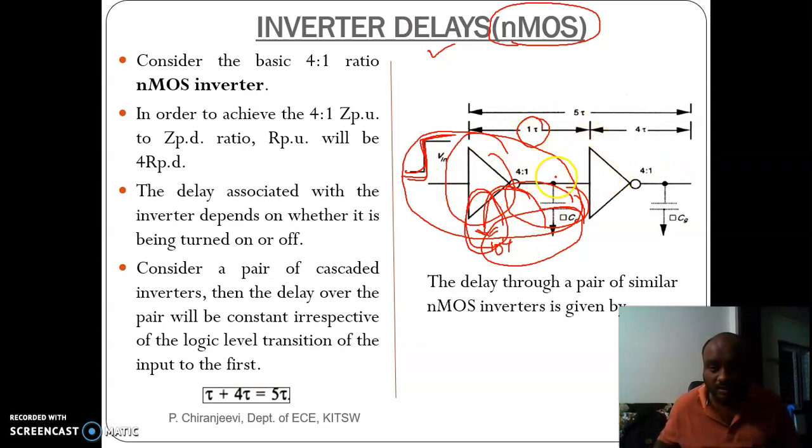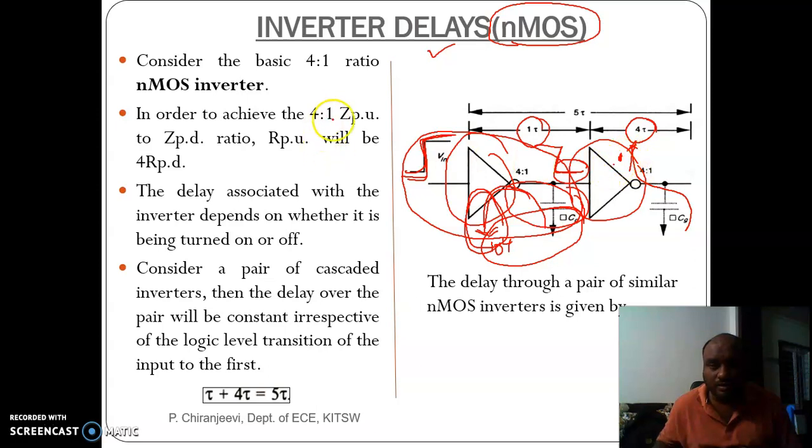The same thing when the output of this NMOS inverter is going from high to low, this is driving the next NMOS inverter. In this case the pull-up device will be on, so the standard unit of capacitance will be charging towards the supply, resulting in a delay of 4 tau. Why?